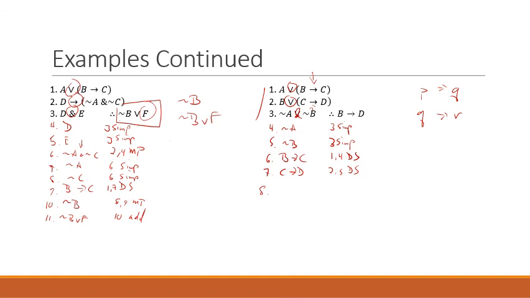So I've got B arrow C, I've got C arrow D. That gets me B arrow D through hypothetical syllogism. So lines 6 and 7 fit that hypothetical syllogism pattern. And that is that. So we have the conclusion, and our proof is complete.